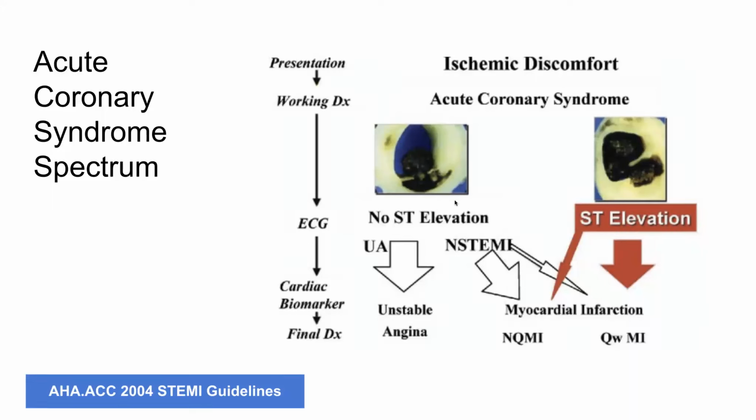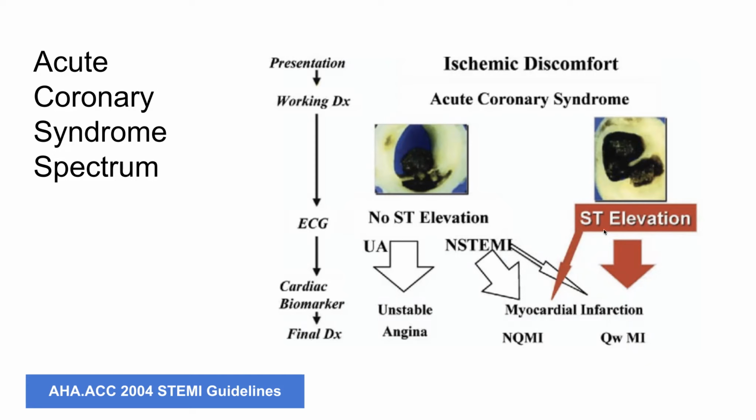So the differentiation of complete or partial occlusion is defined by the presence or absence of ST elevation. If you have ST elevation, you have an ST elevation MI. If you do not, you have non-ST elevation acute coronary syndrome.